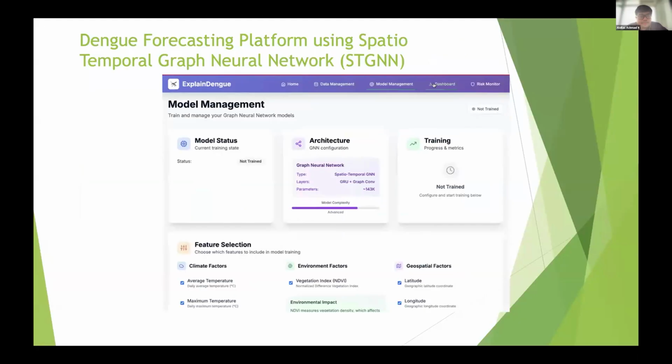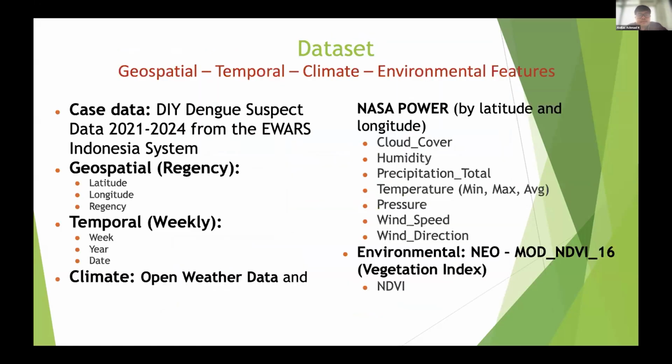This is the prototype of our platform. We use a spatiotemporal graph neural network that combines spatial, temporal, and also environment variables from the weather, climate factors, environment factors, and also geospatial factors to calculate the risk of an outbreak of dengue. For the dataset, we use EWARS, and also geospatial and temporal data with year-to-date, and also weather data from OpenWeather and NASA POWER.